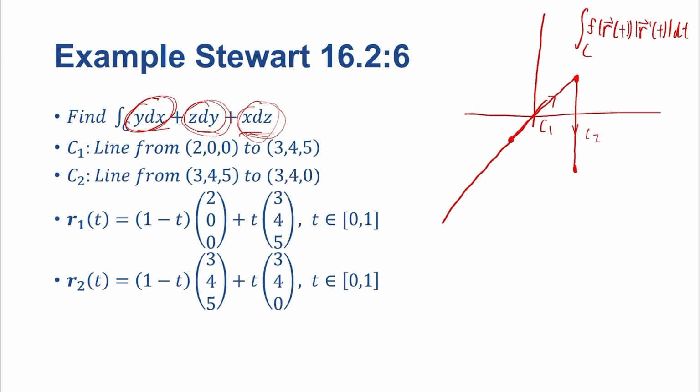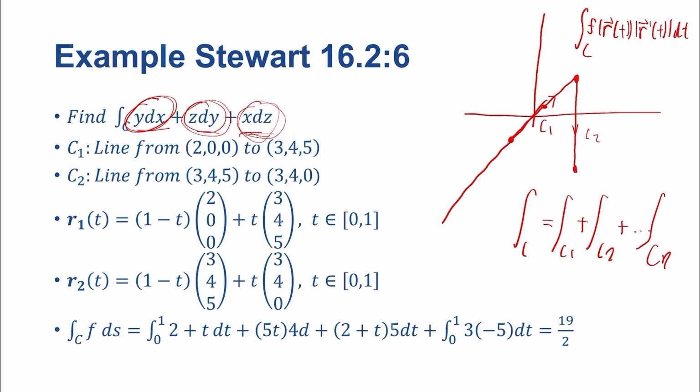We can just add all of them together, because if you remember, if I wanted to take the integral over one curve, I could make that the integral over the first plus the integral over the second, plus however many other integrals I want to do. Theoretically, I could have gone halfway and then did 3, but you can do one integral over the line, may as well. Anyways, you get the integral of f ds.